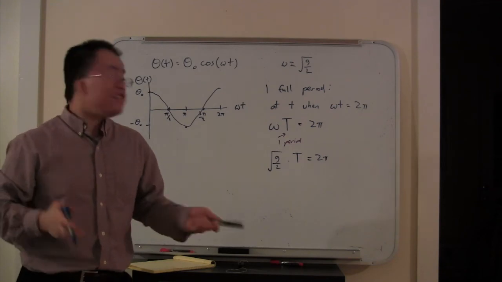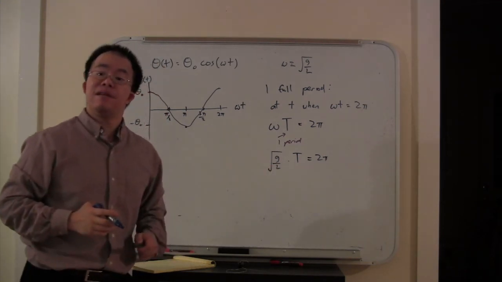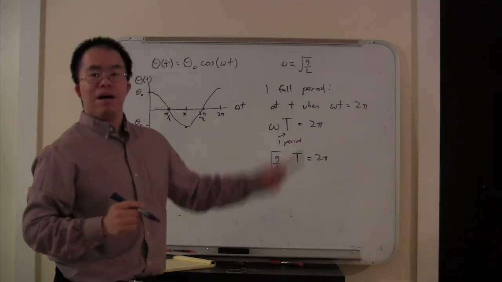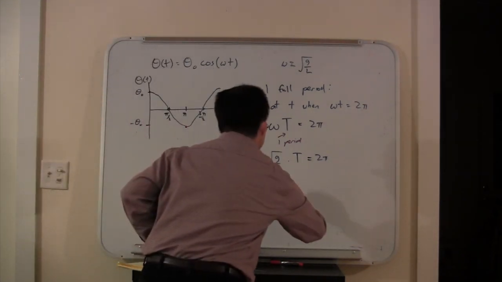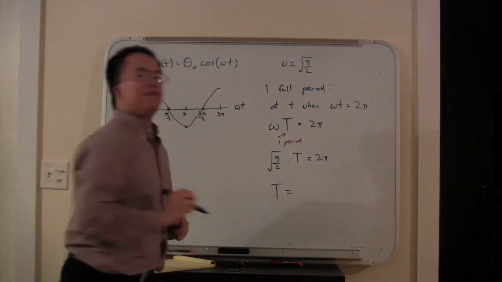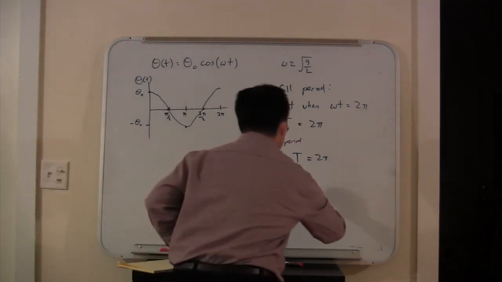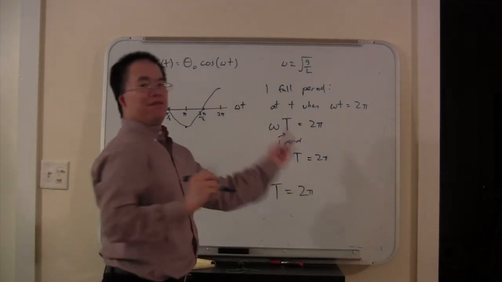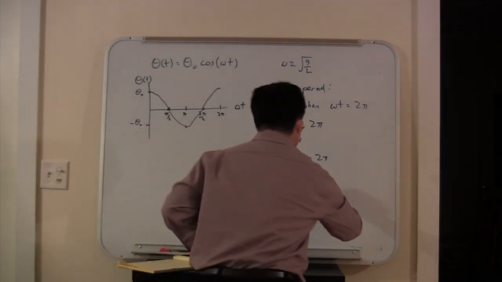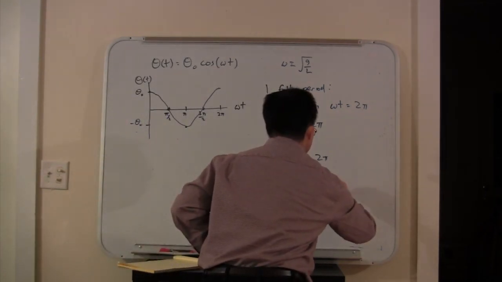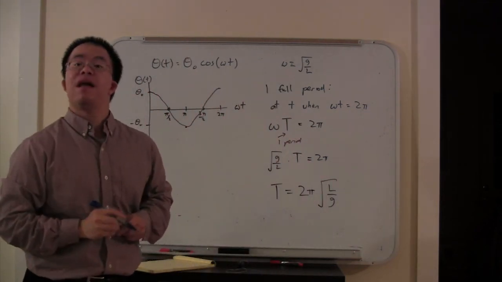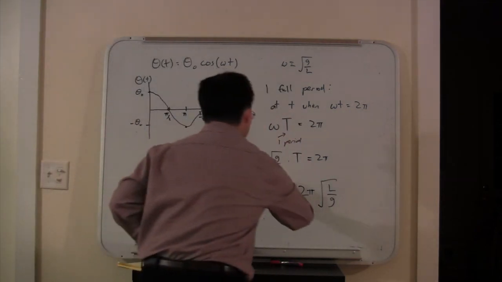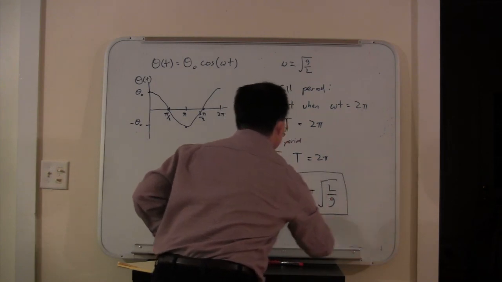Now, I can solve for my period. If I just divide both sides by root g over L, I will get T equals 2 pi. So I just need to flip this upside down, times the square root of L over g. And that's what I claimed we would show at the beginning.